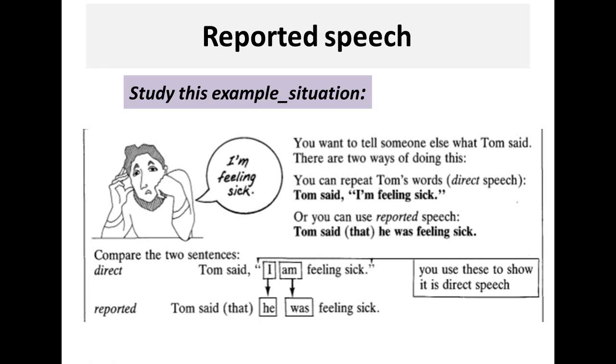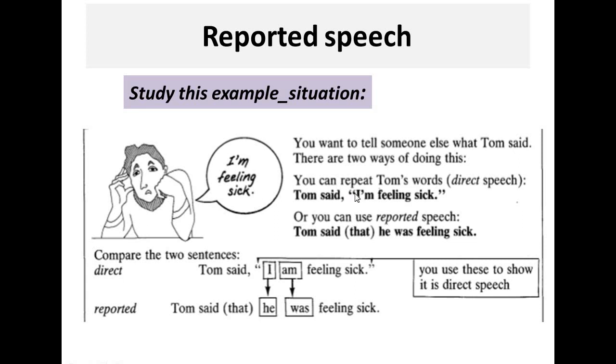You want to tell someone else what Tom said. There are two ways of doing this, two methods: direct speech and indirect speech.